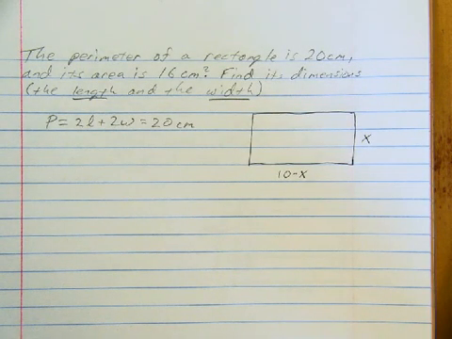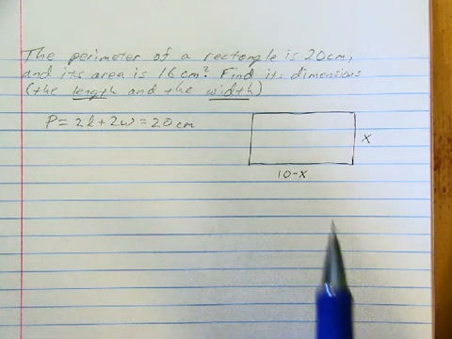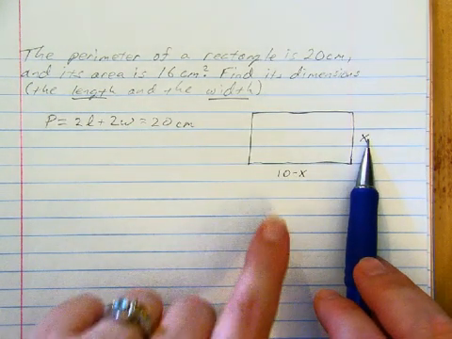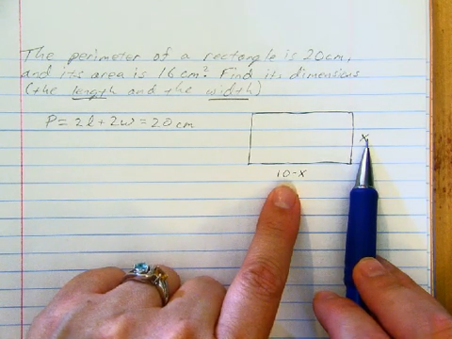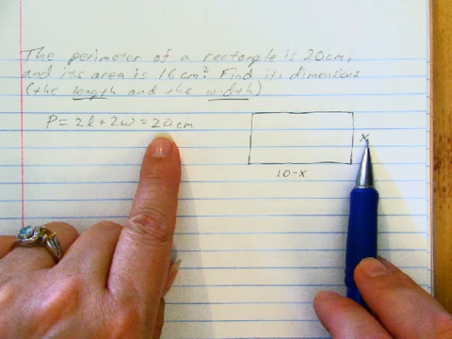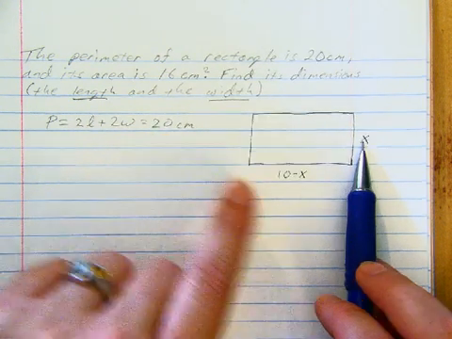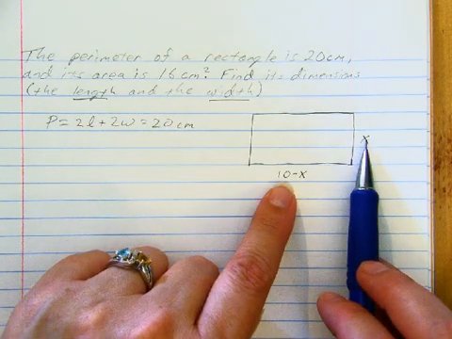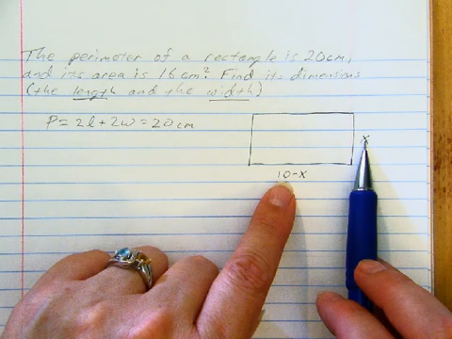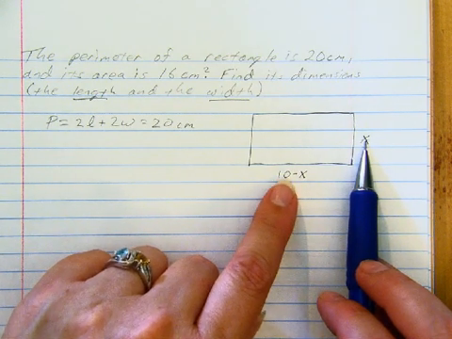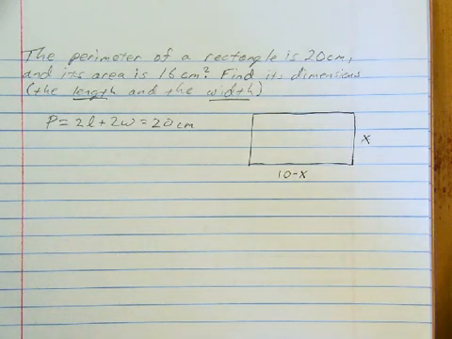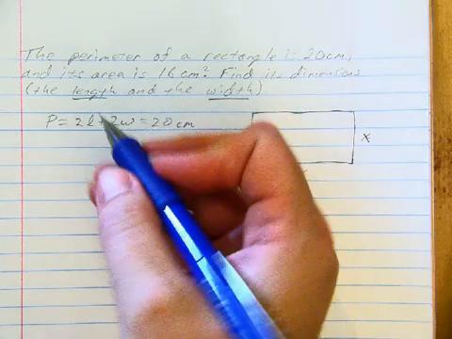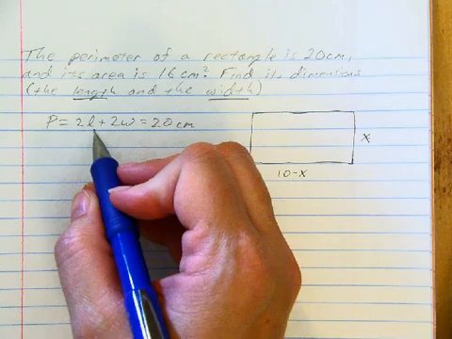Now the reason why is this side plus this side should equal 10. Because if our perimeter is 20, half of the perimeter would be 10. So one length plus one width would equal 10. So that's why I took 10 minus whatever this is. Okay? All right, so then I'm going to plug that in up here.